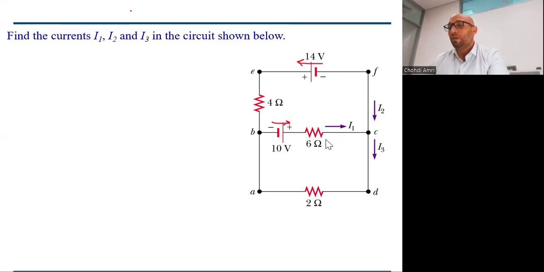I1 is going to the right, so the potential difference across the 6 ohm resistor is to the left, and it equals 6 multiplied by the current going through this resistor, 6I1. What about here? The current is going from the right to the left, so the potential difference will be opposite to this current I3, and it's equal to the resistance multiplied by the current going through it, 2I3.